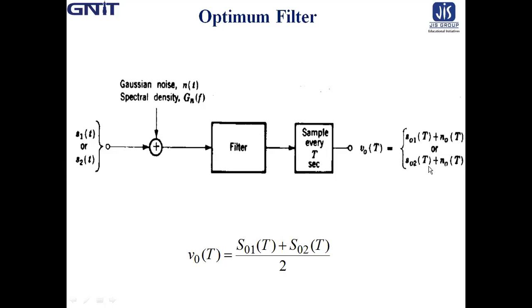Now to minimize the probability of error, one should assume that S1(t) has been transmitted if v0(T) is closer to S01(T) than S02(T).